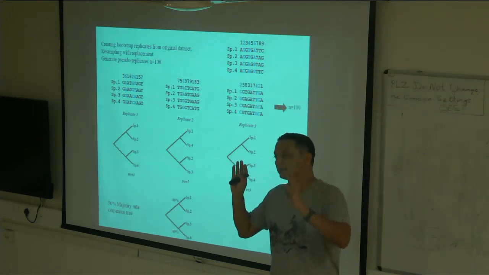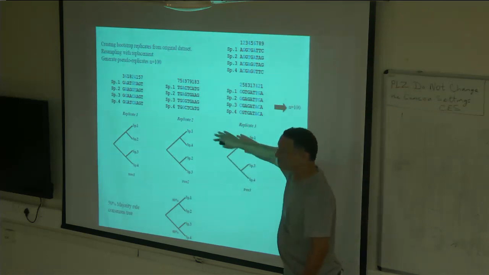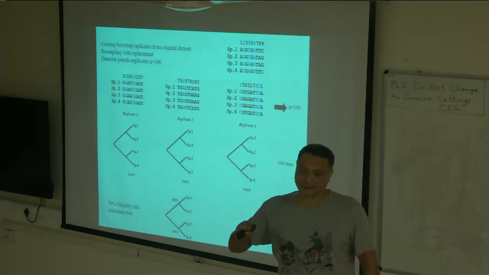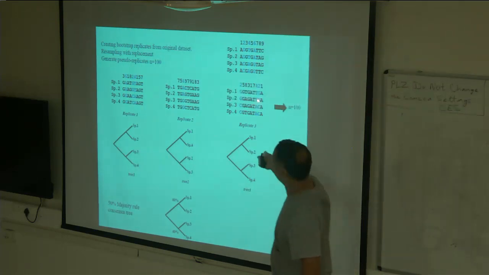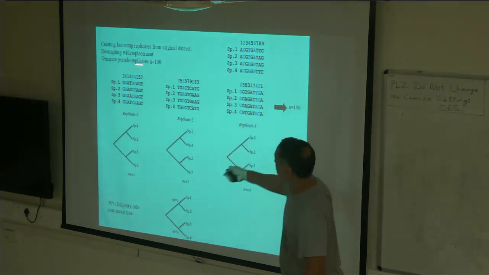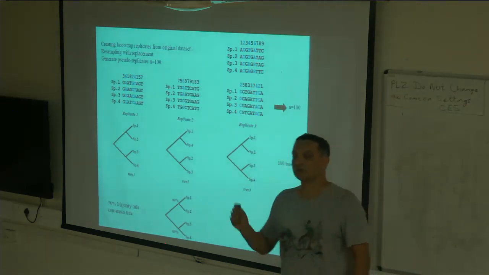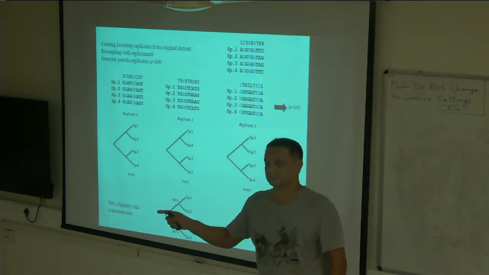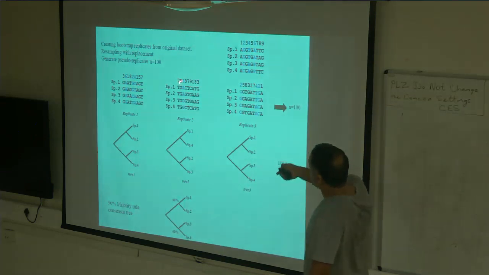And because of the stochastic process of sampling, if you just summarize the trees from your bootstrap replicates, you can actually get a different tree. What do I mean by that?